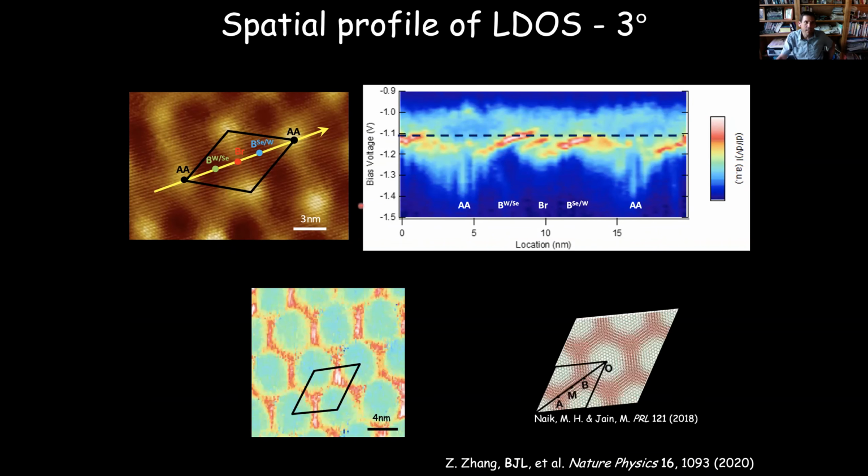If we look at this in a two-dimensional local density of states measurement, in this 3-degree twist angle, what you'll see is the local density of states is high along the edges of this Moiré pattern in this hexagonal pattern. And this agrees with some calculations that were predicted for 3-degree twist angle, where they expect high density of states in red here along the outside of the hexagon that's forming the Moiré pattern.